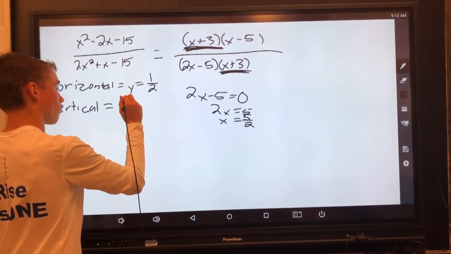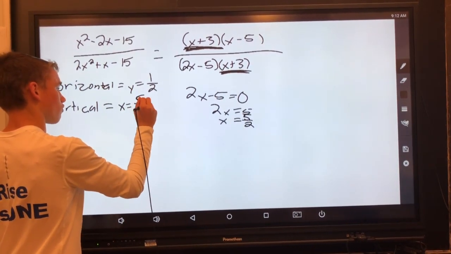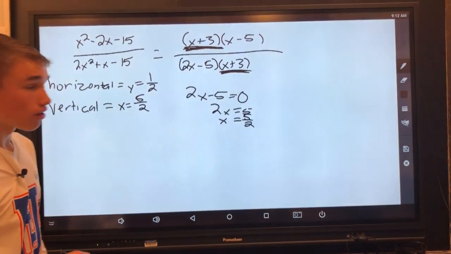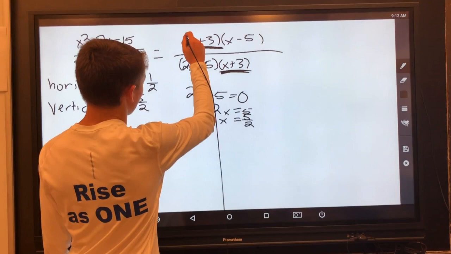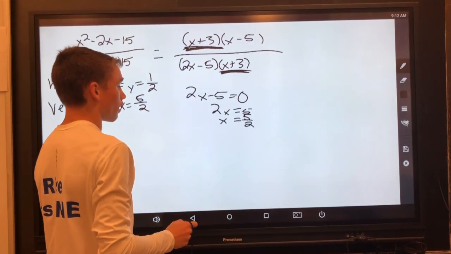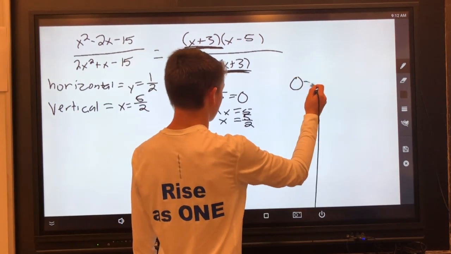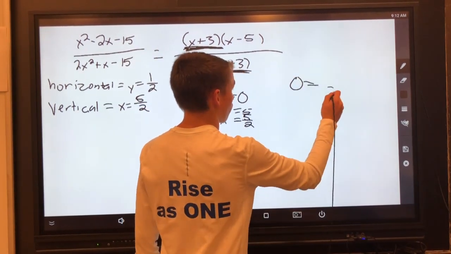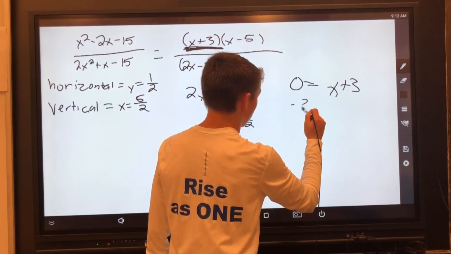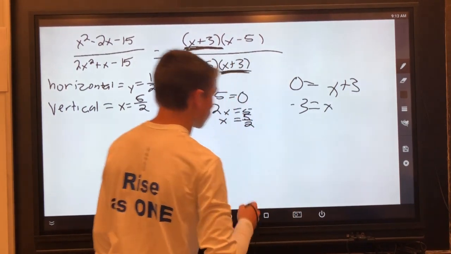So x is equal to 5 over 2. To find a hole, you need to use the factors that you canceled out and set those equal to 0. Of course, it'll be x is equal to negative 3.